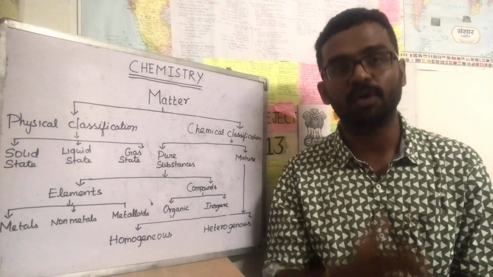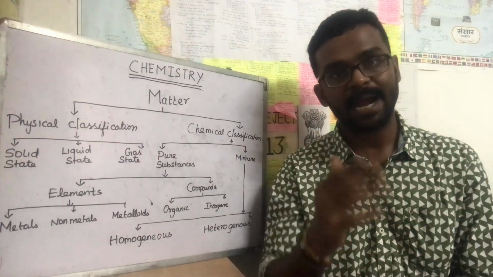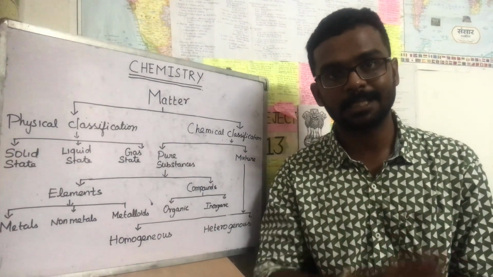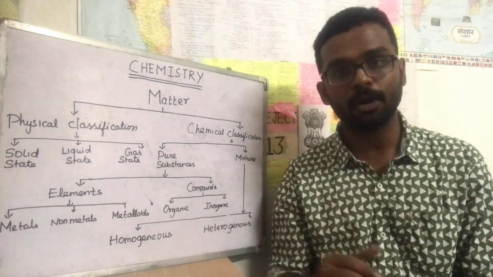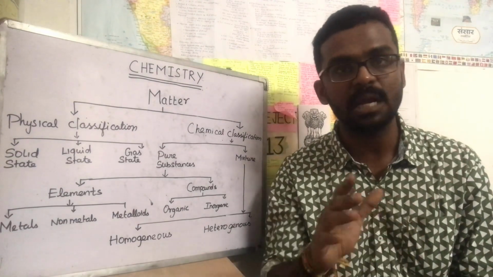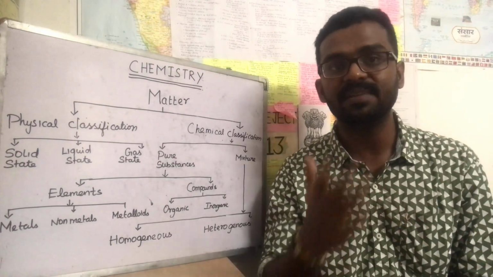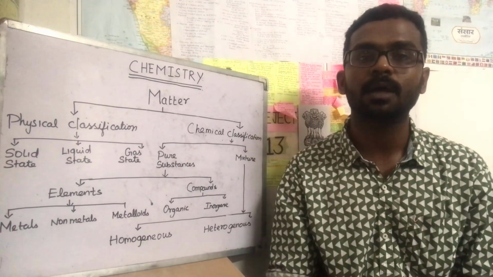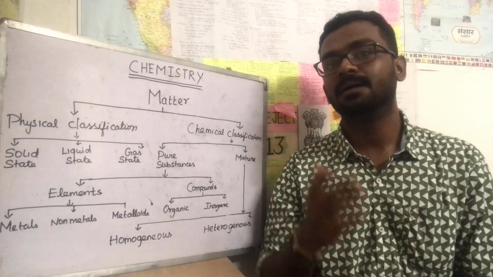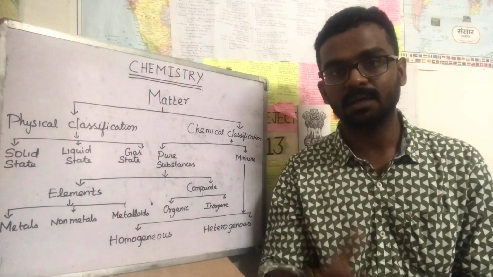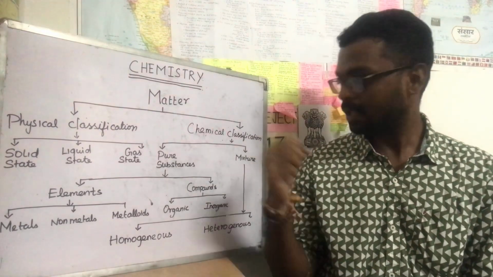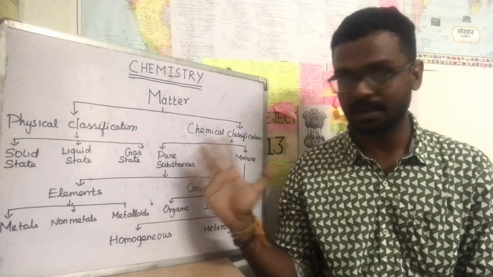For example, fat, protein, and carbohydrates are organic compounds. Inorganic compounds are made up of non-living sources, and examples are salt, water, etc. So that's it for compounds.